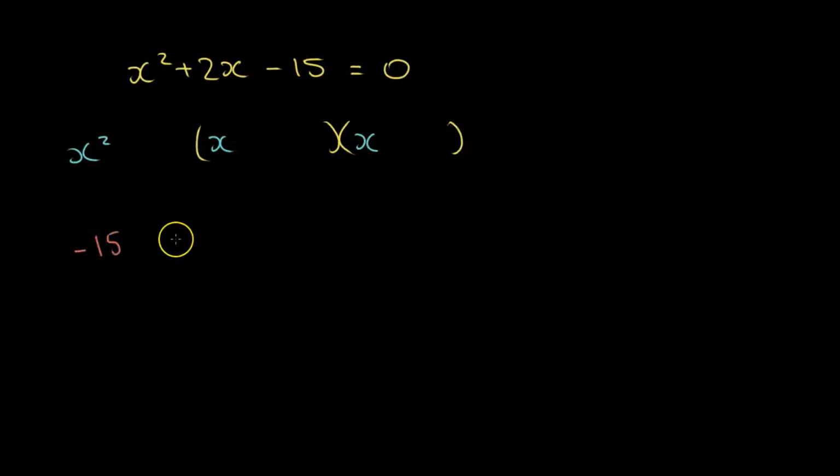It's not a positive number this time, it's a negative number. So what are my pairs of factors? Well, I could have minus 1 times positive 15, or I could have positive 1 times negative 15.